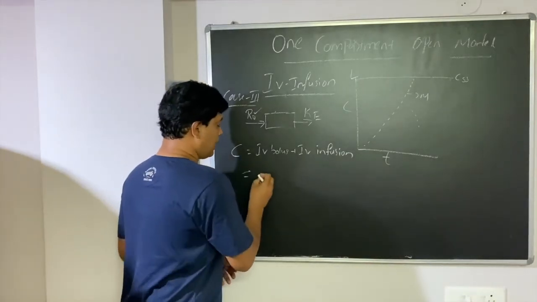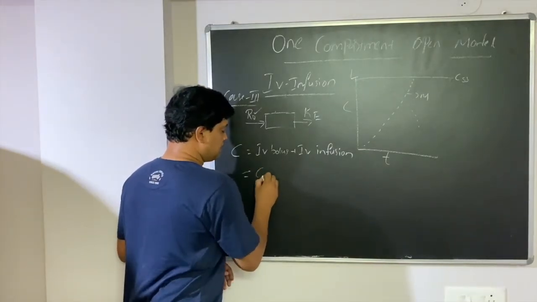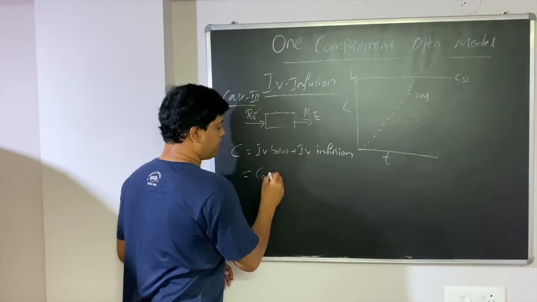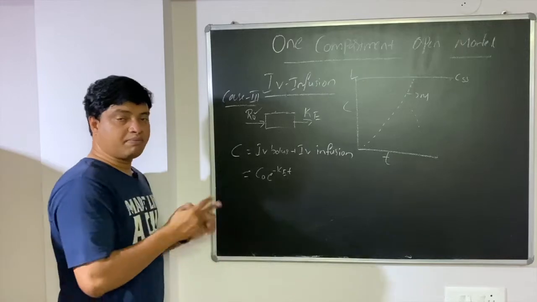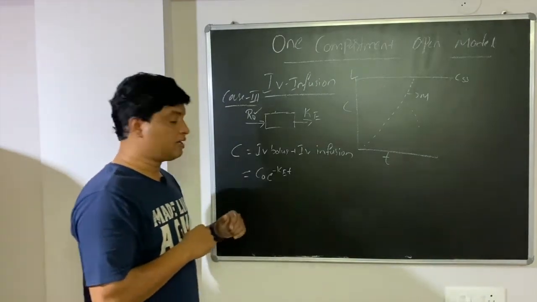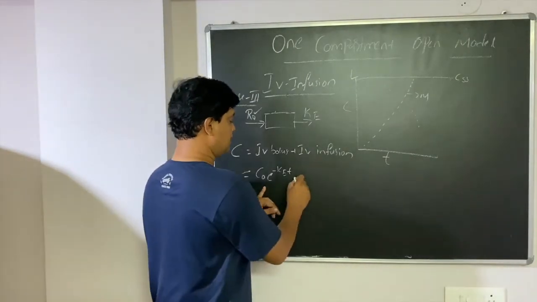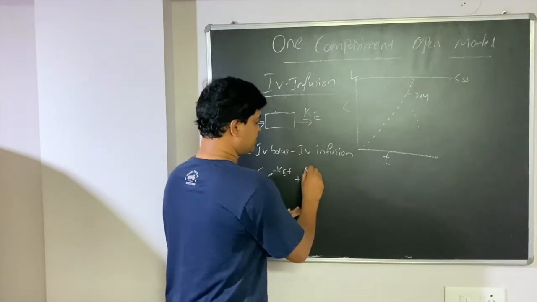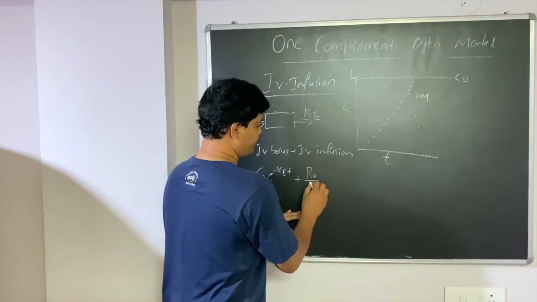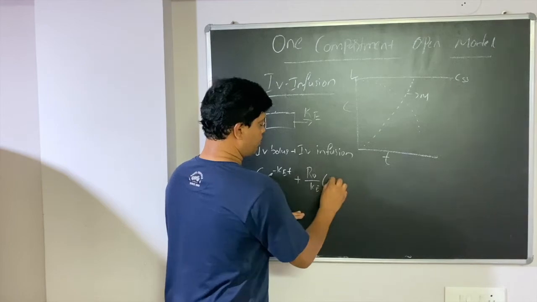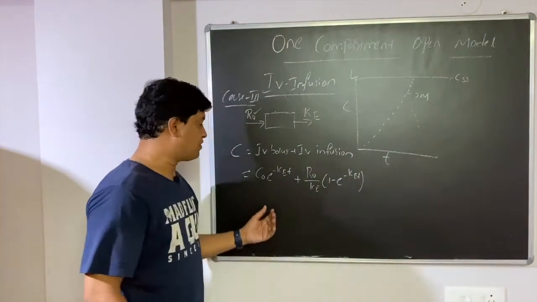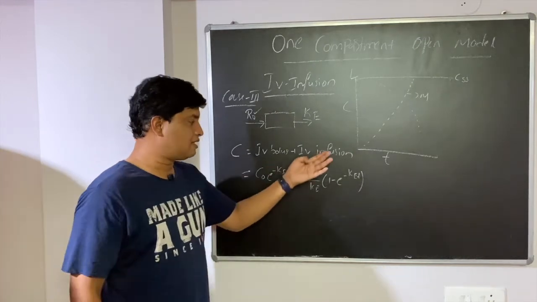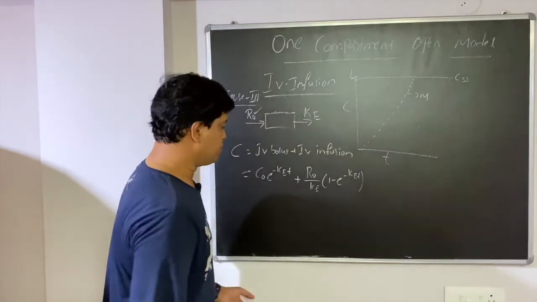We already know the IV bolus equation is C naught multiplied by e to the power of minus Ket in exponent form. Please go and check that IV bolus equation. This is the IV bolus equation, plus the IV infusion equation is R naught by Ke into 1 minus e to the power of minus Ket. So these are the two equations. One equation is for the IV bolus, another equation is for the IV infusion.